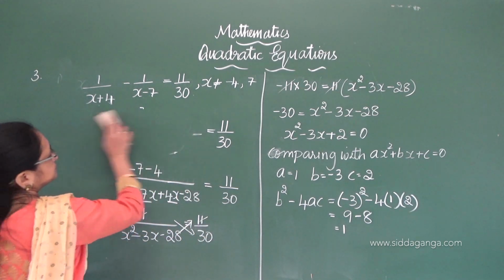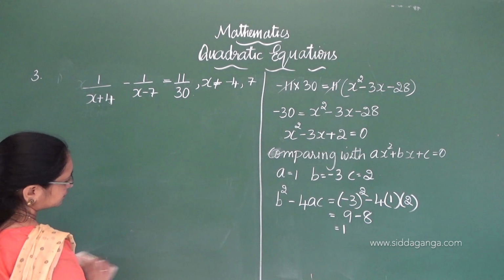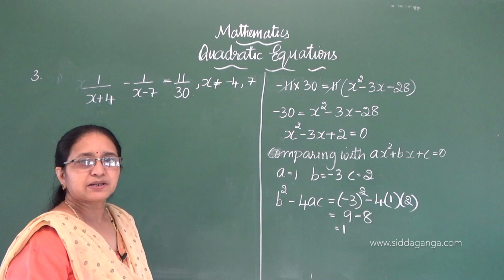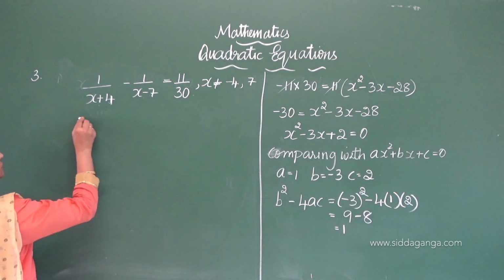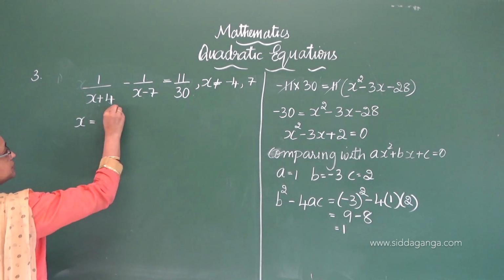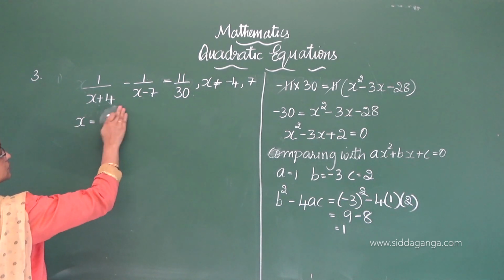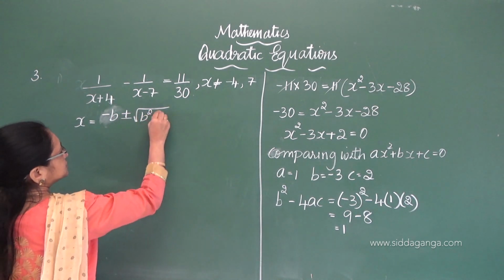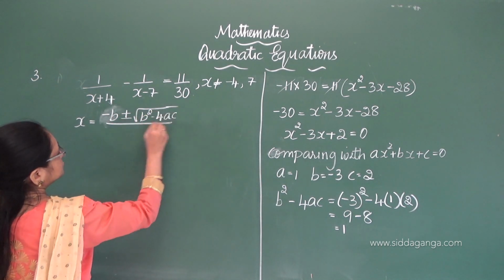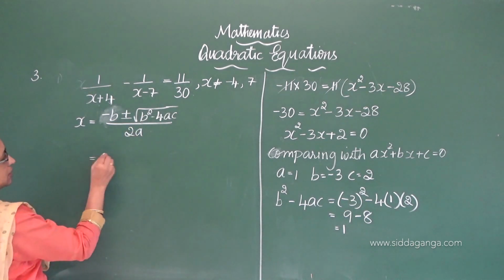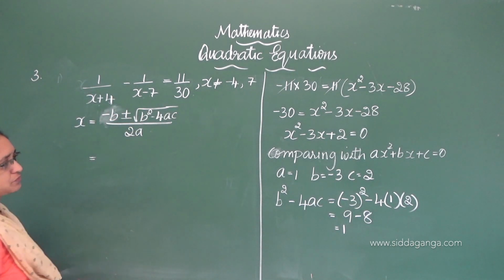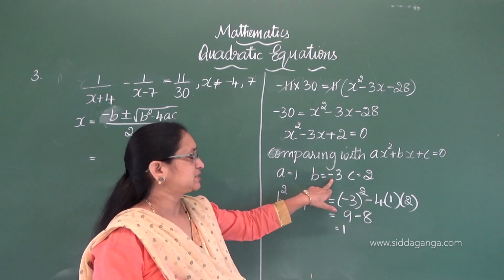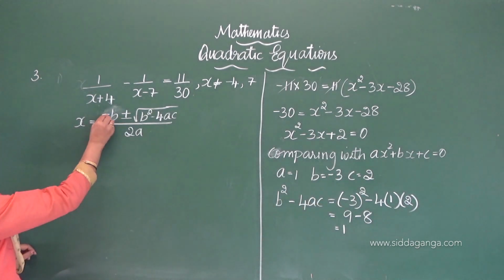So I will rub this, I will continue here now. Now what is the next step? Next step you have to apply the formula. So x is equal to minus b plus or minus root of b square minus 4ac divided by 2a. Now minus b. So we have minus b, minus into minus plus 3 it will become, because here minus is there.